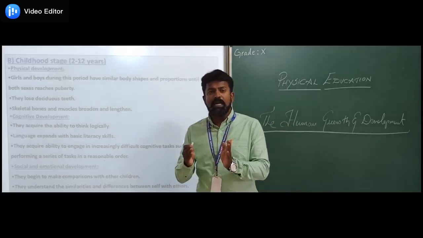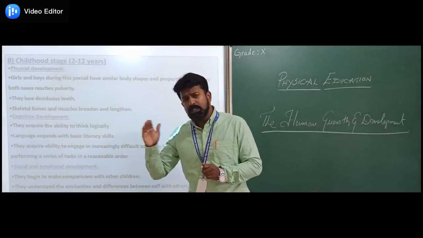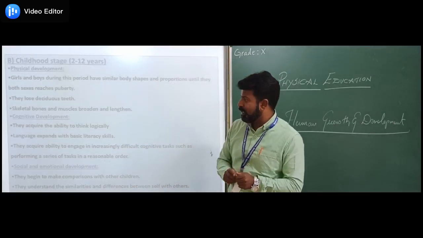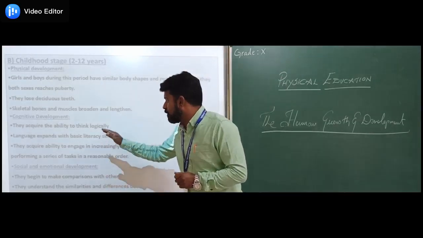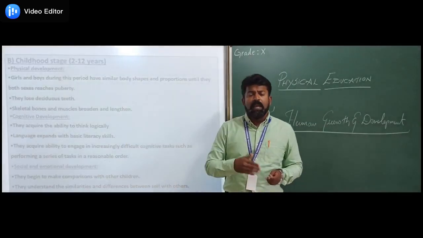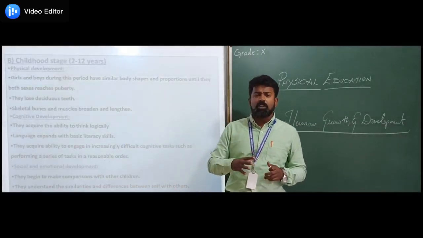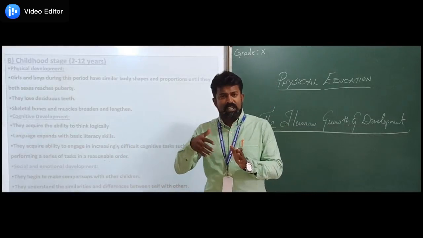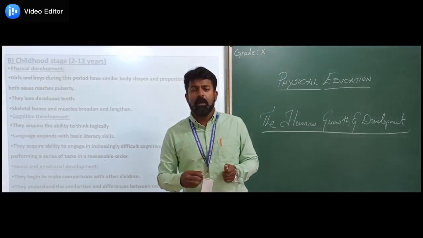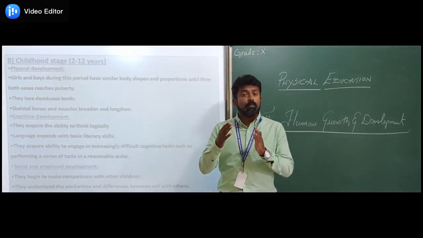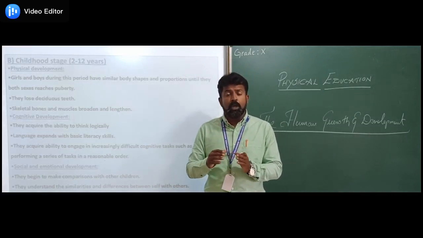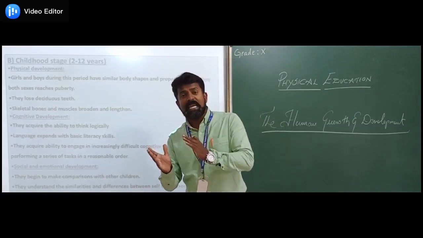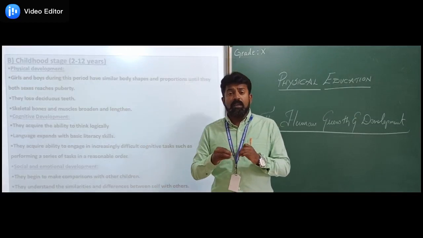Then comes the cognitive development. What is the first point of the cognitive development? They acquire the ability to think logically. When I say think logically, there are a lot of logical things that, in the present scenario, we have forgotten. We say that when you wake up in the morning, you have to turn to your right side and get up. Why do we do so?